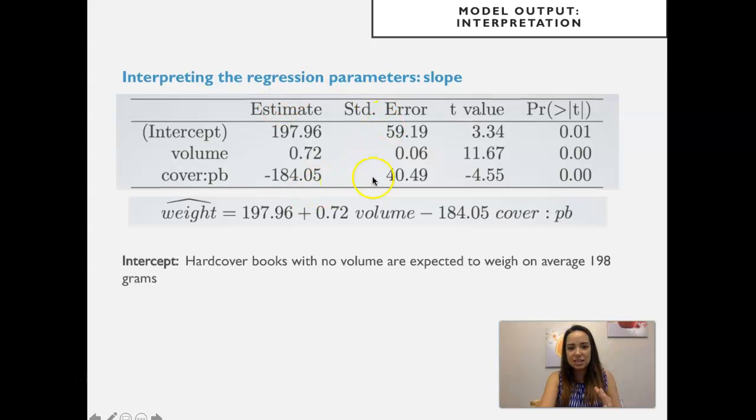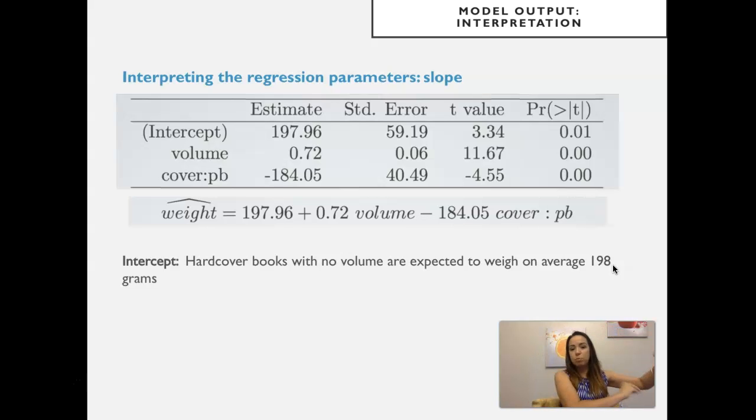In this case, volume should be 0 and cover should be 0. So this value of the intercept tells us that hardcover books with no volume, which don't exist, I understand, but that's what it would say abstractly, mathematically, are expected to weigh on average 198 grams, on average.